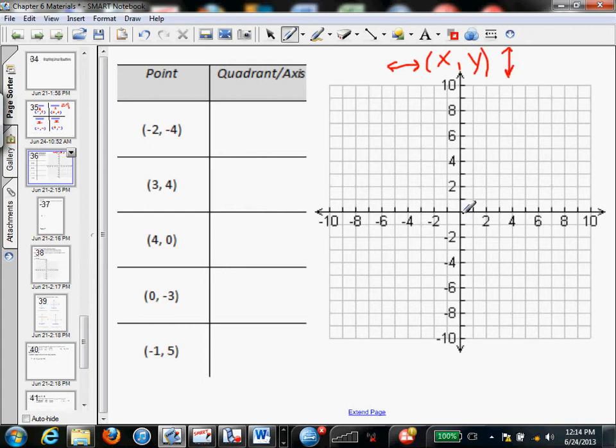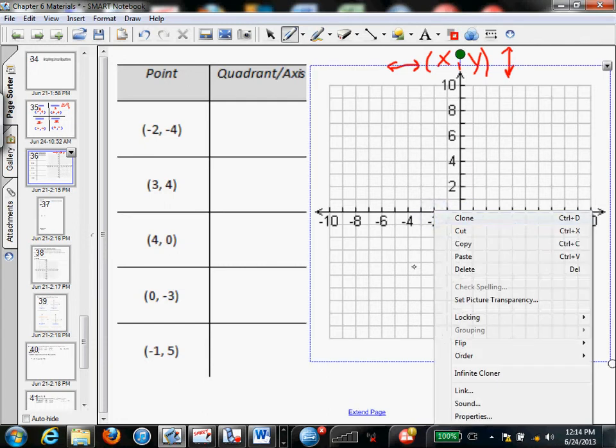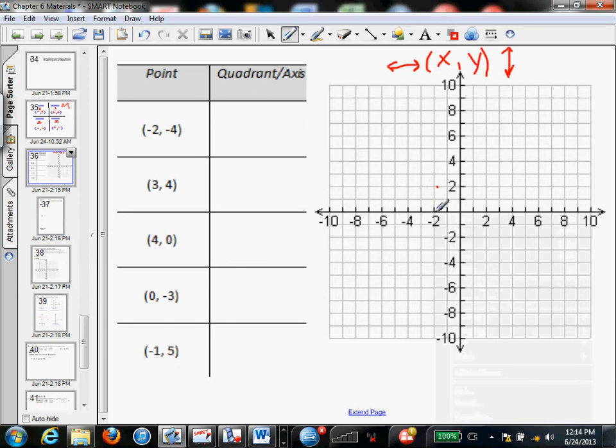So starting off, we have a negative, so we're moving left 2, because that's -2. And then we have to move -4. Since it's negative, and that's the y, we have to move down. So -2, -4, it's this point right here.